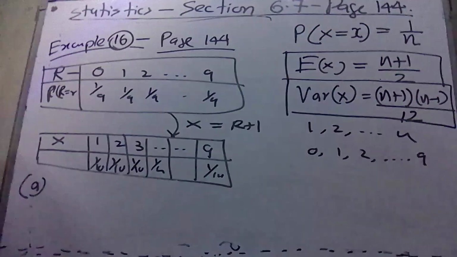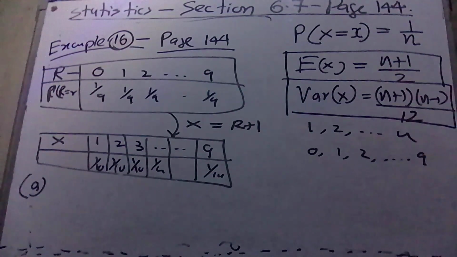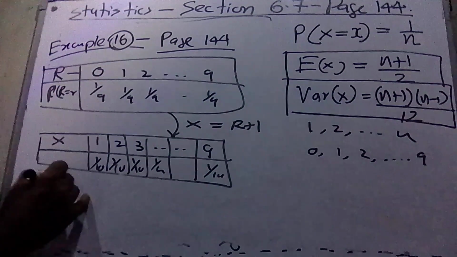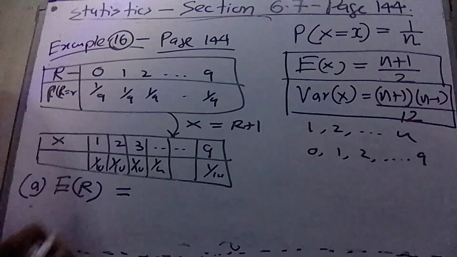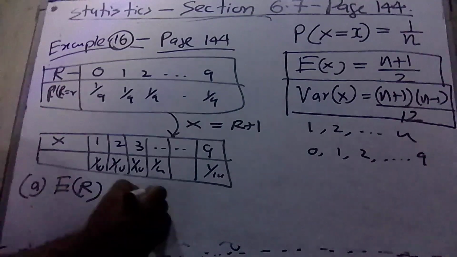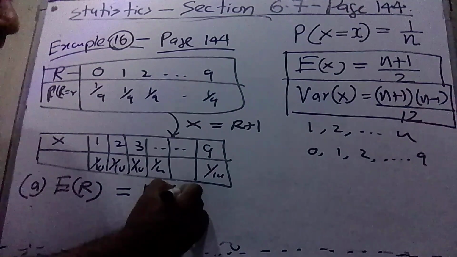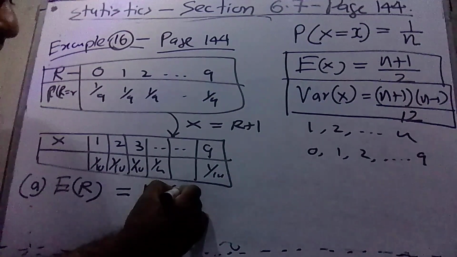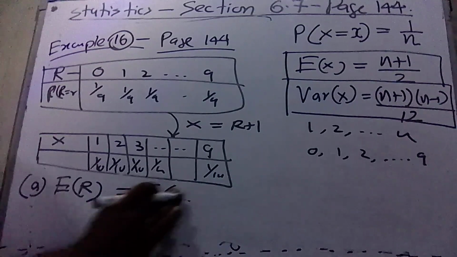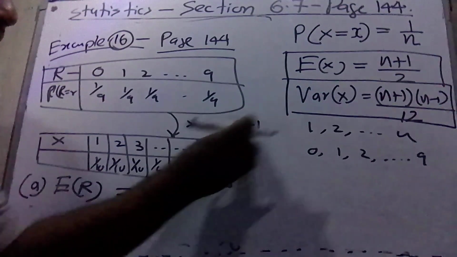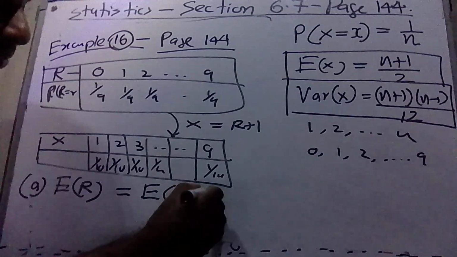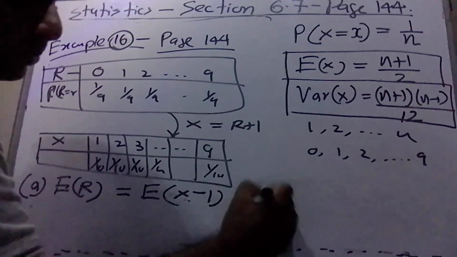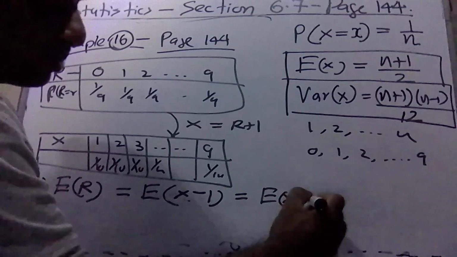The mean is the expected value, so what they want is E(R), which equals the expected value of X minus 1, since making R the subject gives X minus 1.